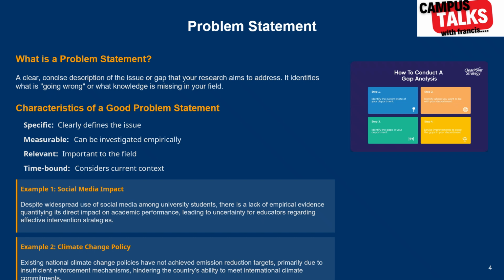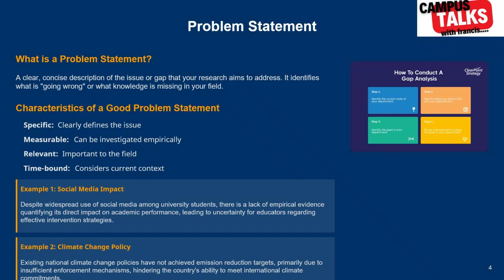For instance, we are moving into the era of AI, so if you're working in the computer science field, you can't be talking about things like cyber cafes, or the use of monitors, when we are even moving higher to laptops and the rest. So you should consider current context.